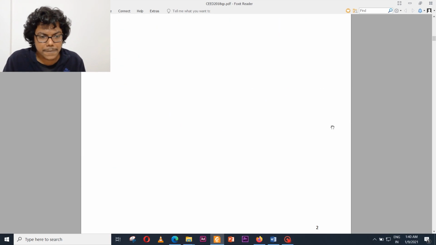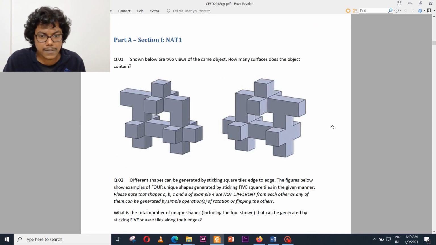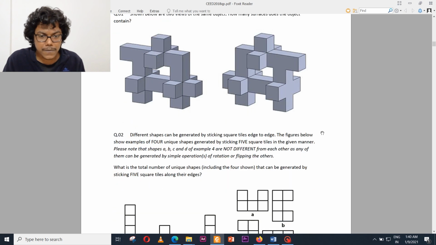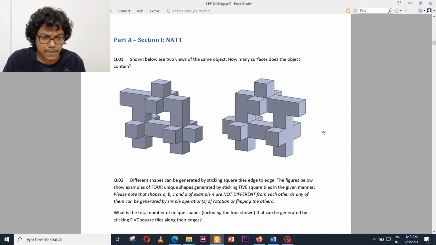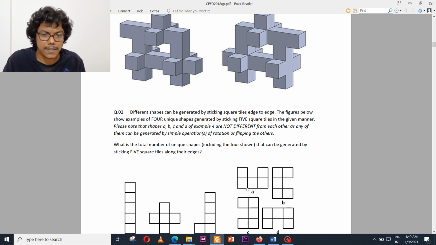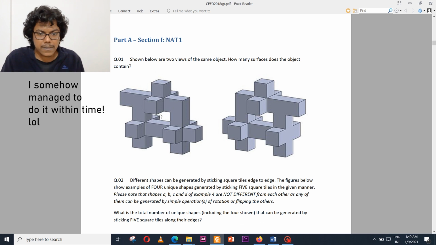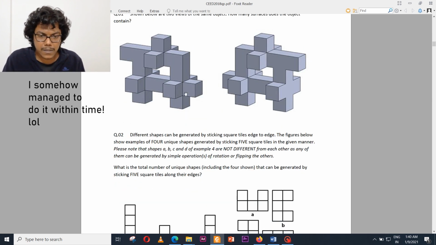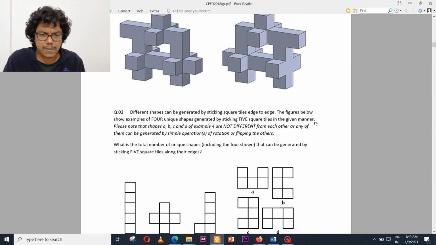When I was giving it, the first 2 questions were of 6 marks and 6 marks. So my first 20 minutes went in the first question itself, but I got it right. And then 5 minutes on this, but I had got both right, I guess.